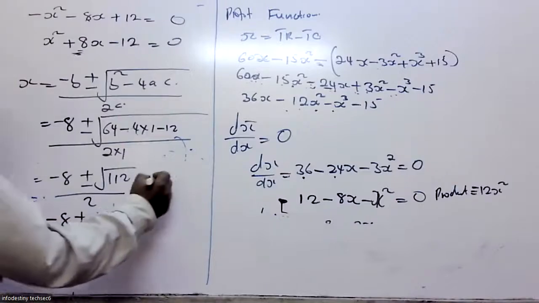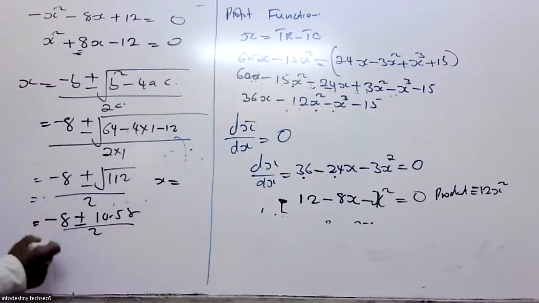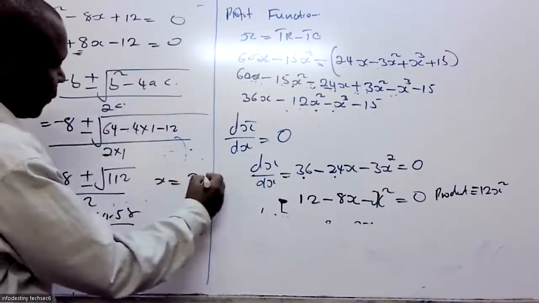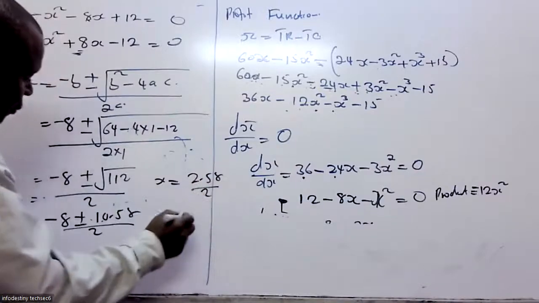So x will be equal to 2.58 divided by 2.